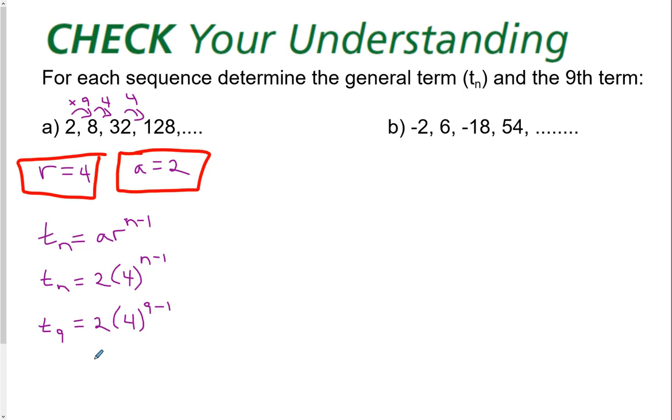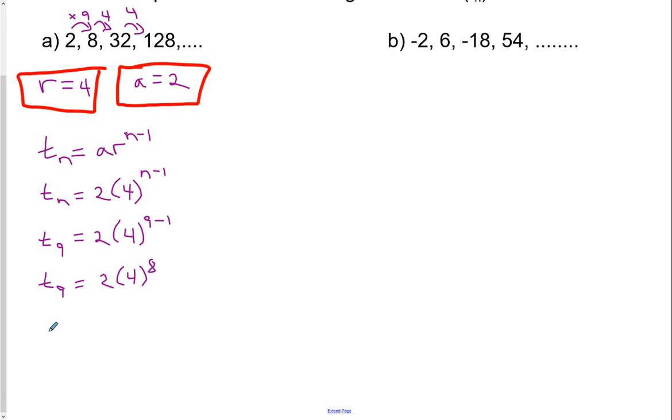So to the 9 minus 1. So that's going to be 4 to the power 8. So that's probably a calculator job unless you've got a brain that likes doing computing like that. Mine can't do that in my head, at least not without a bit of time and a bit of work.